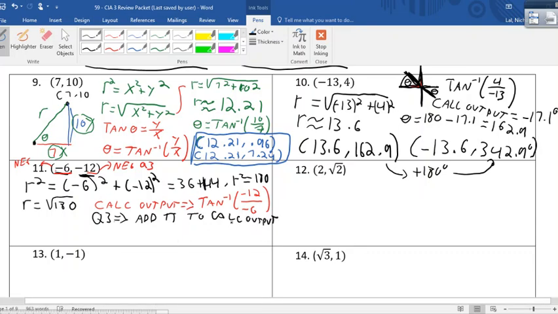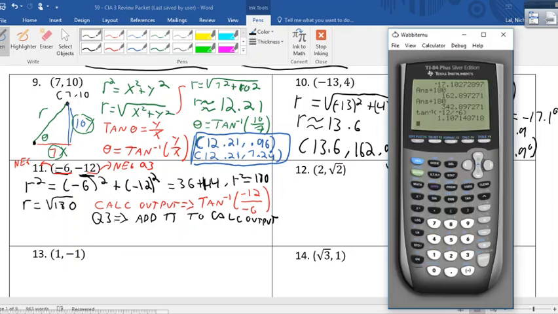All right, remember, in quadrant 2 or 3, if we're in degree mode, we add 180. In radian mode, we add pi, because pi radians is equivalent to 180 degrees. So we find the inverse tangent of negative 12 over negative 6, that's 1.107.